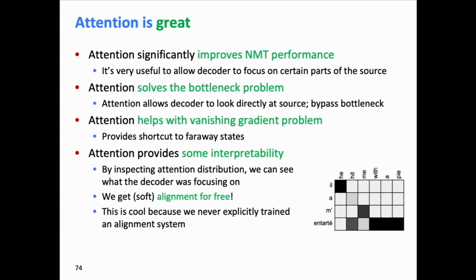We never had a loss function that tells you how good your alignment was. We just gave the NMT system the apparatus to do something like alignment and told it to maximize the cross-entropy loss for doing machine translation. And then the network just learned alignment by itself. I think this is the coolest thing about attention, that it's learned some structure in a somewhat unsupervised way.